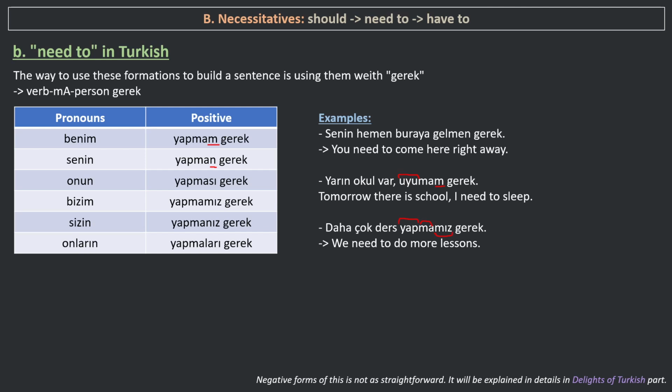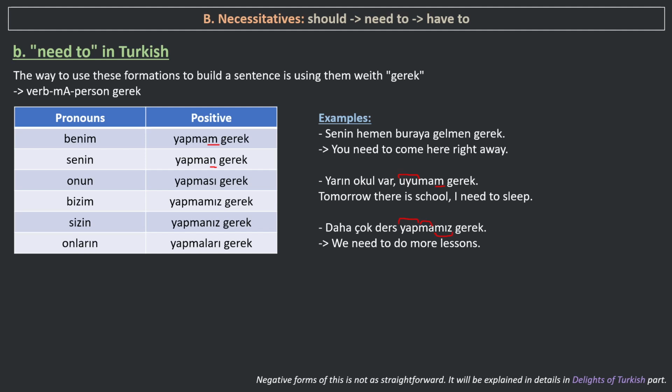Onun işine bakması gerek. He, or his looking at his job is needed. And that's a correct verb, but that's a bit more like an idiom, like an expression. It's not literally looking.